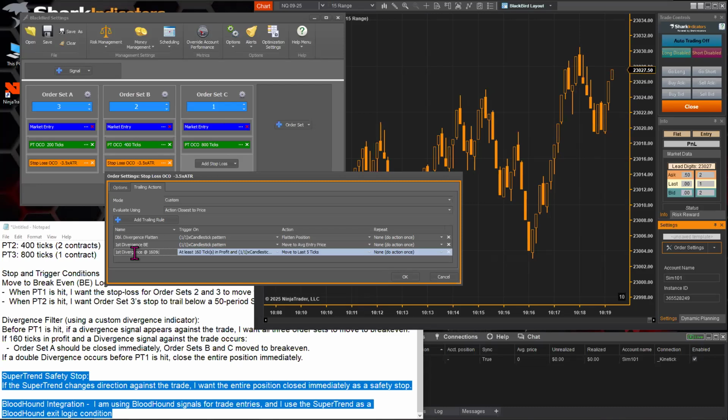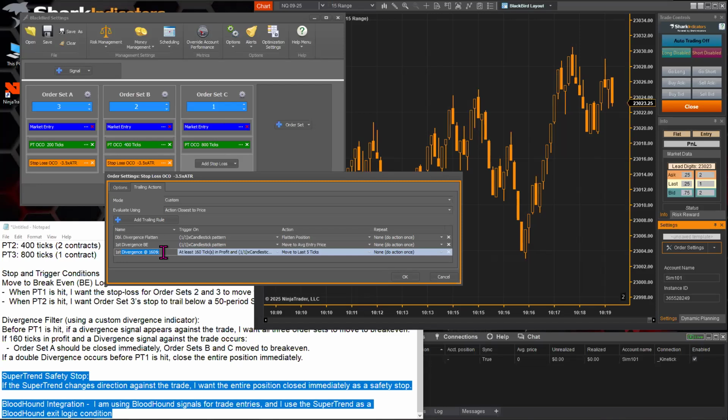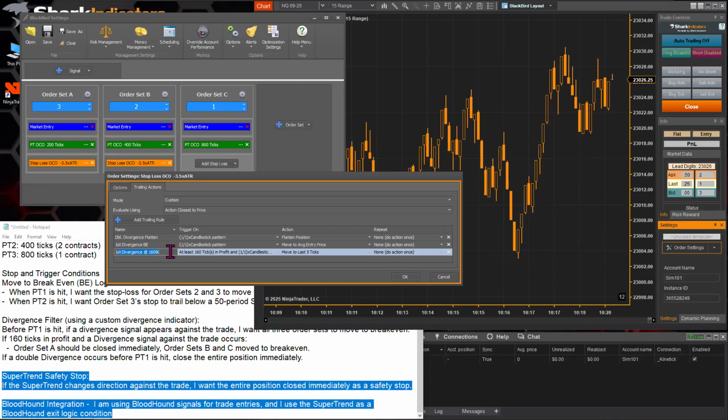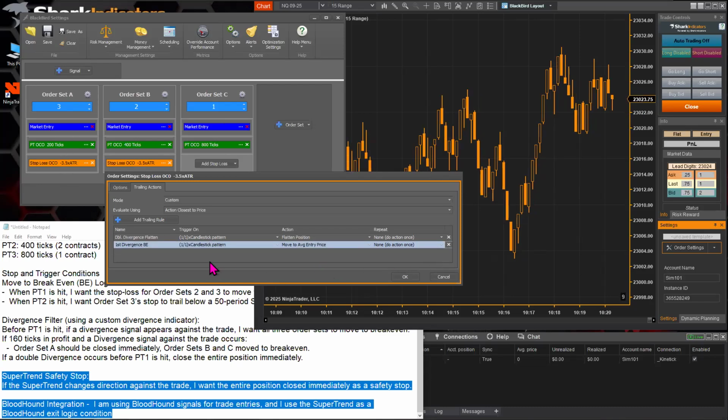And nowadays, with systems getting more and more complex, leaving computational work in place that will never do anything just slows down your computer. So just for the sake of saving CPU calculation cycles, we're going to remove this trailing rule here because this only applies to order set A. Let's just remove that, and there we go.